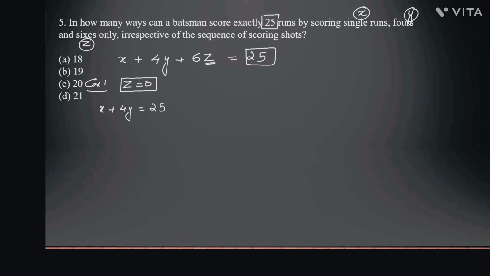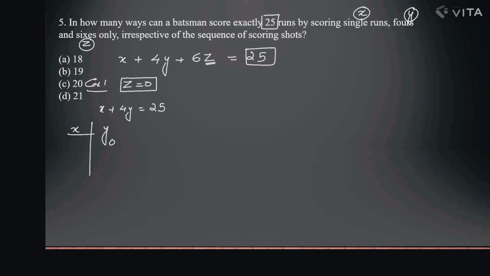Now what we need to do is just figure out how many combinations or how many possible values are there for X and Y to get 25. So I'm just figuring out what are the possible values of X and Y here. Again, the number of possible values of Y is smaller compared to X, right? So I will start with Y. Y can be 0. That means he is scoring no fours.